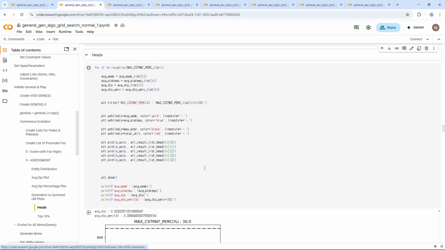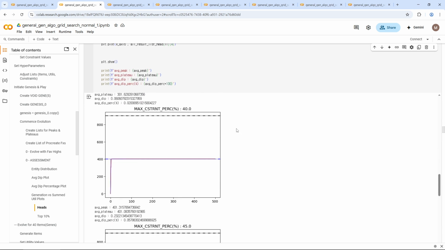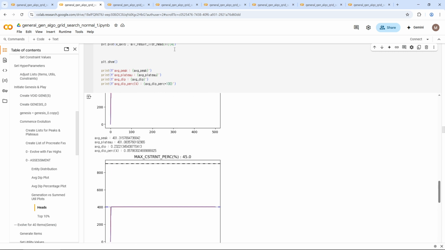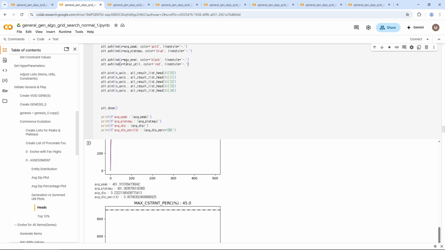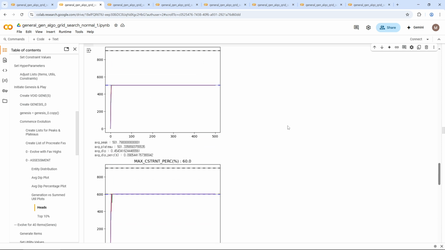But before I go on, I'll just have to point out that the black line is the maximum ever, and the red line is the total sum of utility values. So right now we're not seeing that, because I forgot to put in the red line. This line was added after, but I didn't run it because it would give me the same results and it would take me some more time.